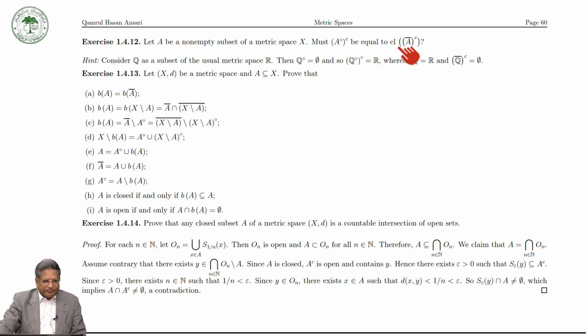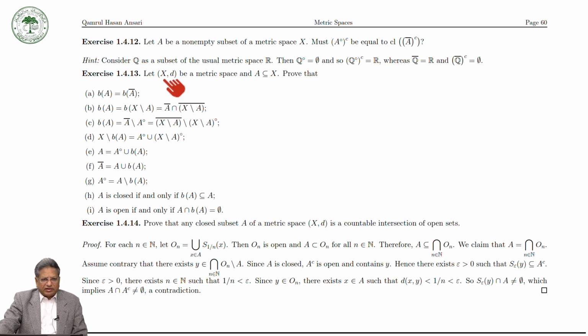Then I have mentioned several properties of the boundary of a set in the form of exercises, and these are similar to what we have done for the interior of a set or the closure of a set.